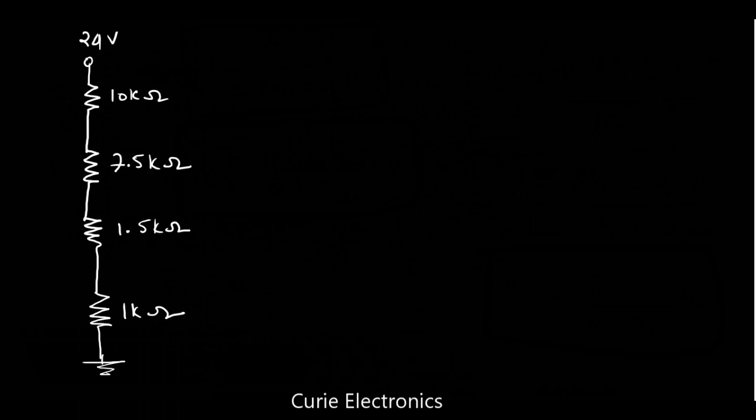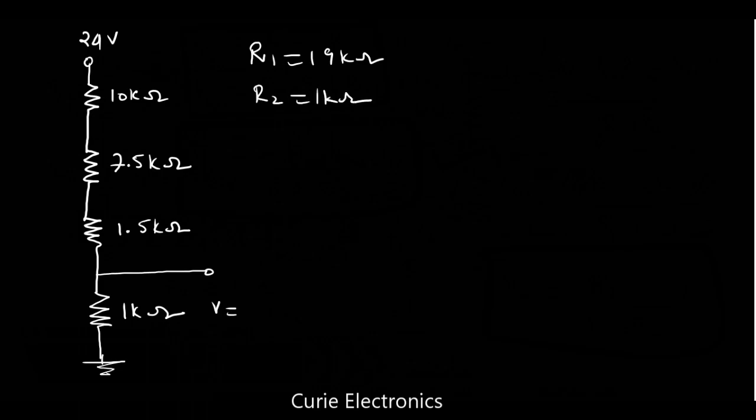Now what is the logic we can apply here? We want to know the voltage drop across the 1 kilo ohm resistor. We will consider these resistors as two resistors: 1 kilo ohm and the sum of the remaining resistors, so 10 kilo ohm plus 7.5 kilo ohm plus 1.5 kilo ohm, that is 19 kilo ohm. So we take R1 equal to 19 kilo ohms and R2 equal to 1 kilo ohm. Now we apply the same equation.